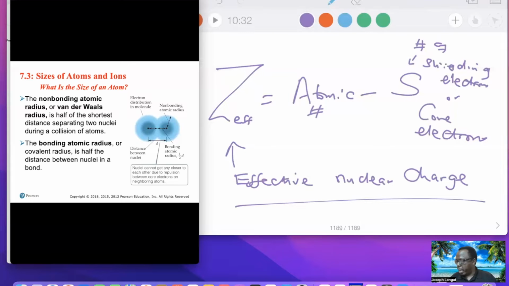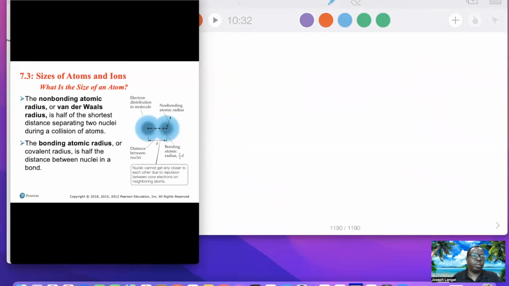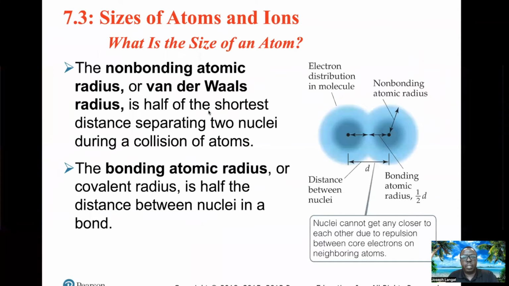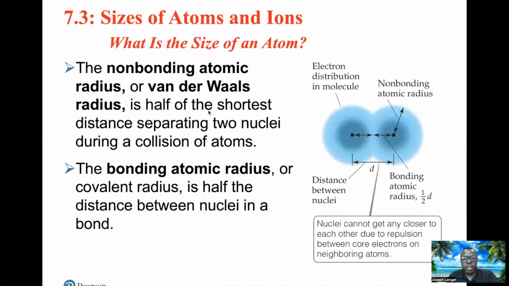Before we look at the trend on atomic sizes, let's look at the definition of bonding atomic radius and non-bonding atomic radius. The bonding atomic radius is half the distance between the nuclei of two atoms. The non-bonding atomic radius, or van der Waals radius, is half the shortest distance separating the two.